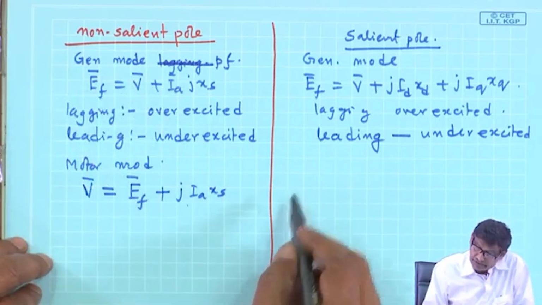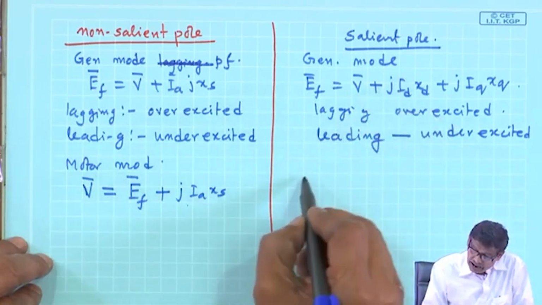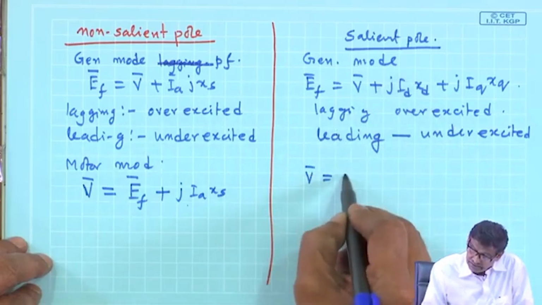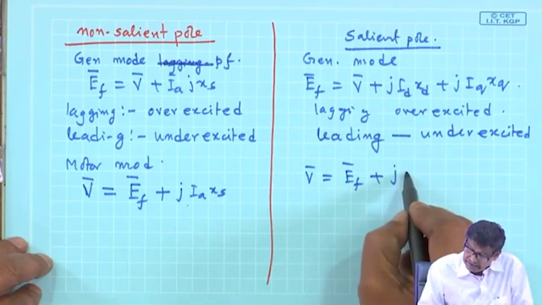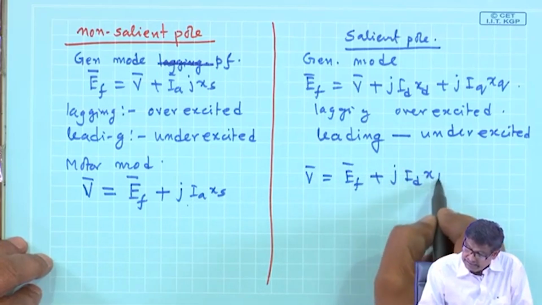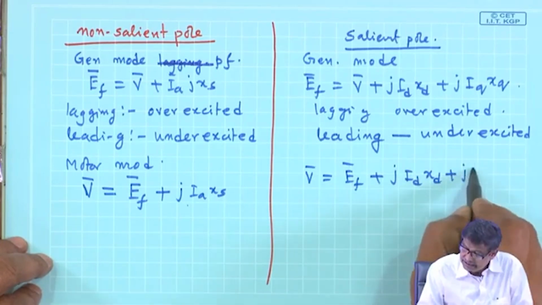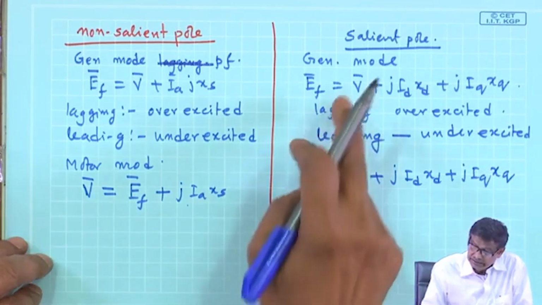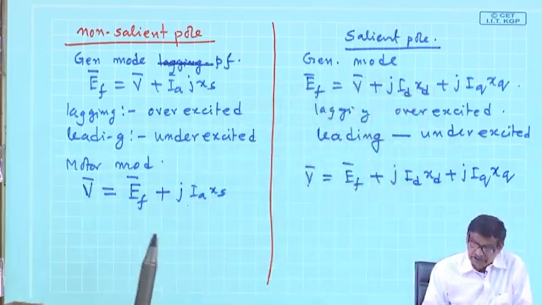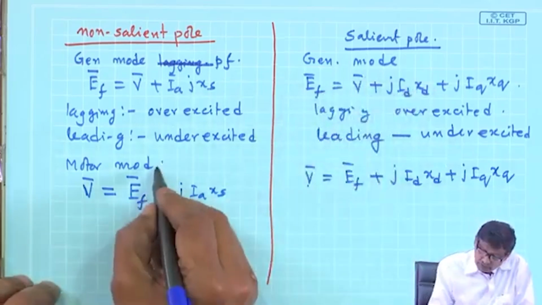In case of the salient pole machine, I will be writing V is equal to EF plus j I_d X_d plus j I_q X_q. See the interchange of these two positions, and this is motor mode.